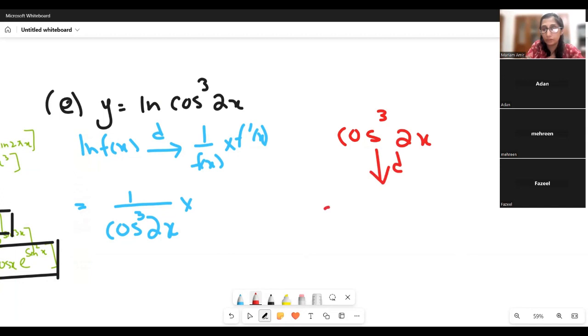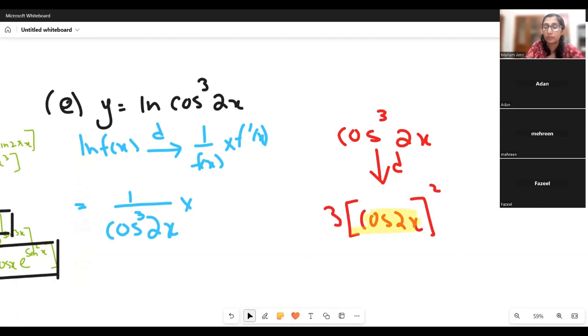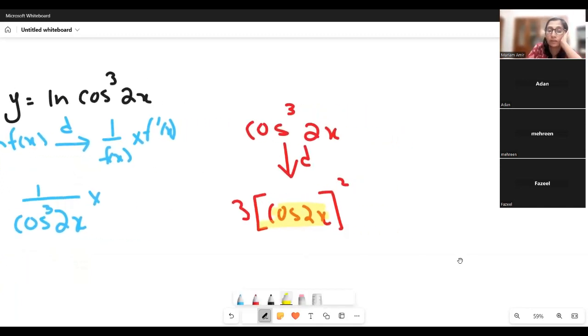Power rule is 3 comes down and then it becomes cos 2x square. And then we have to differentiate what's inside the bracket. It's cos 2x. Derivative of cos 2x is minus sine 2x. And that's not all.